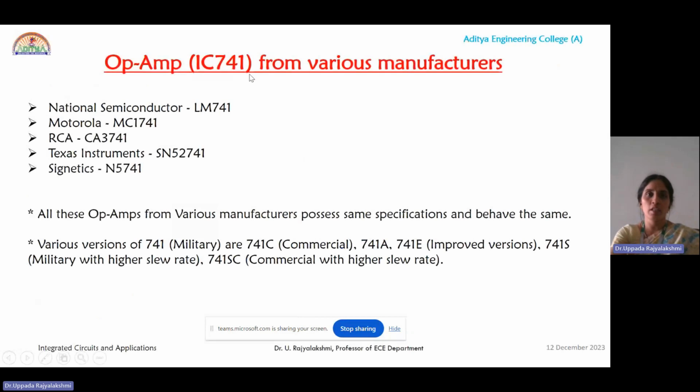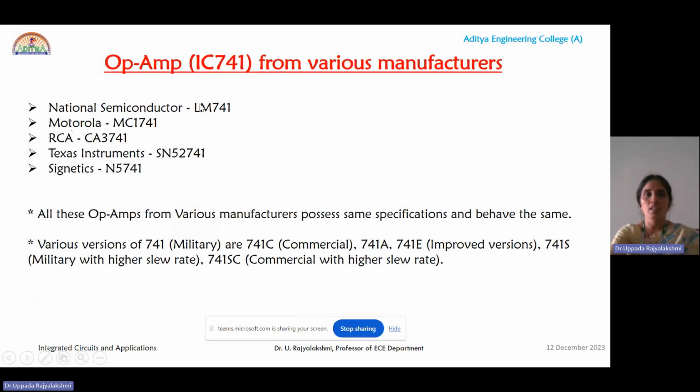In a similar fashion, a particular IC 741 provided by various manufacturers, even though they have different initials, possesses the same specifications and the same behavior towards the application.